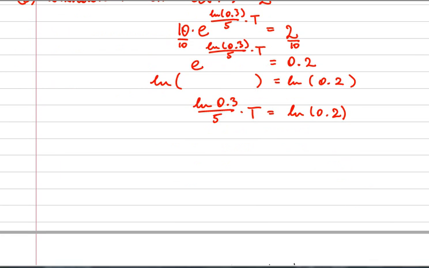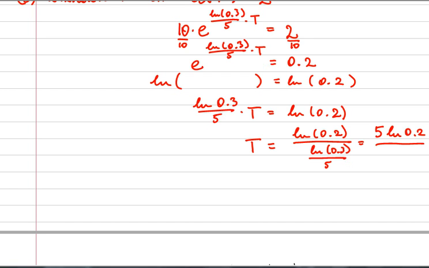Now dividing by the constant, we get that T is equal to ln of 0.2 divided by ln 0.3 divided by 5, which means when solving as a double fraction, this would be 5 ln 0.2 divided by ln 0.3, and that will be the final answer.